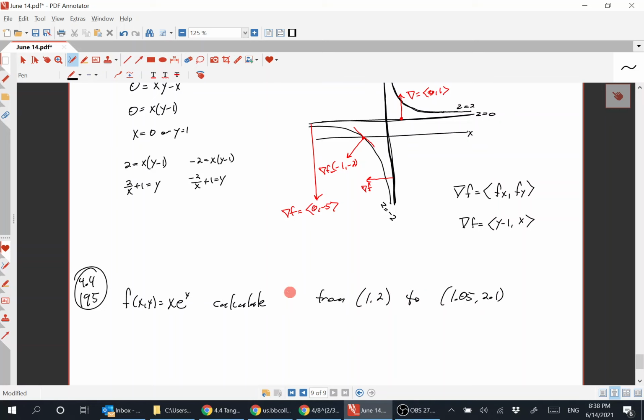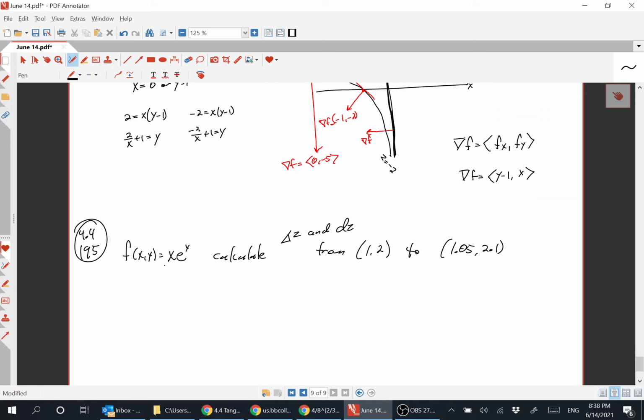So calculate the actual change in z and the differential, the linear approximation change in z, dz, from (1, 2) to (1.05, 2.1).